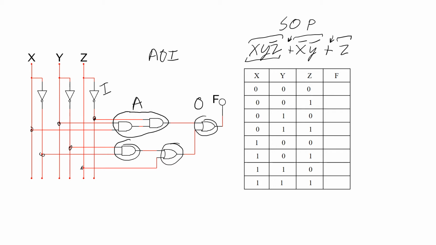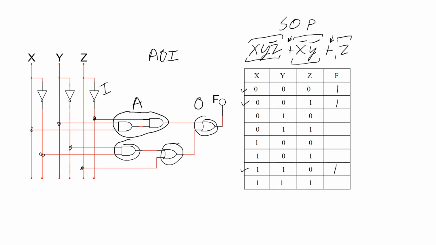So I have X, Y, NOT Z. I'm looking for where X and Y are ones and Z is not one. That's this row right here. For the second term, I'm looking for every place I have NOT X, NOT Y. In other words, X and Y are both zeros. That's these two rows.